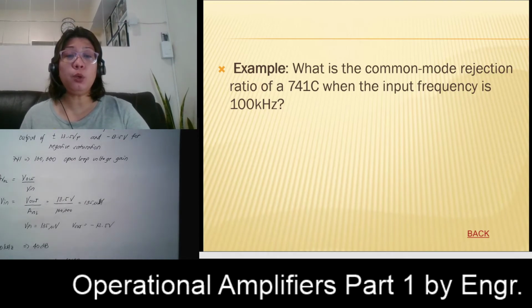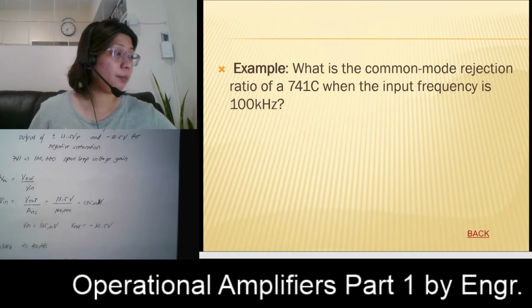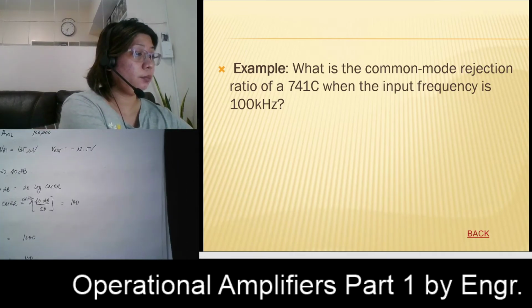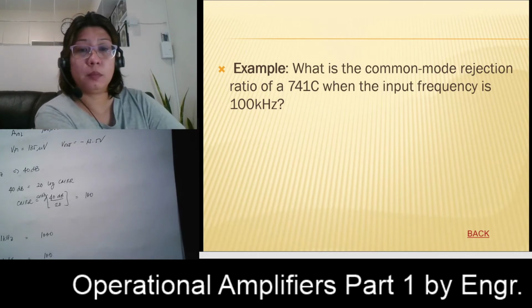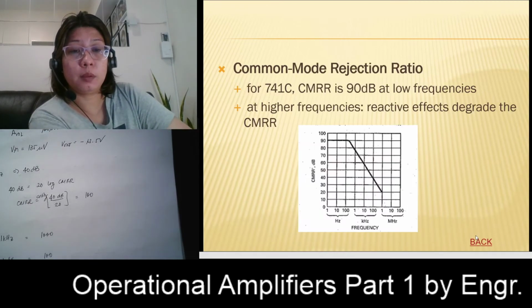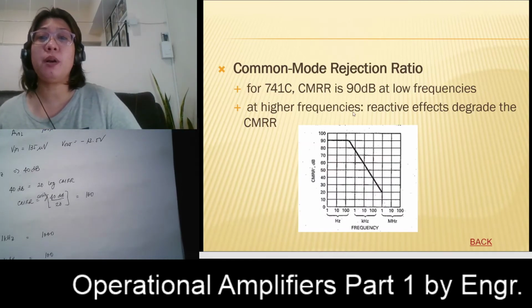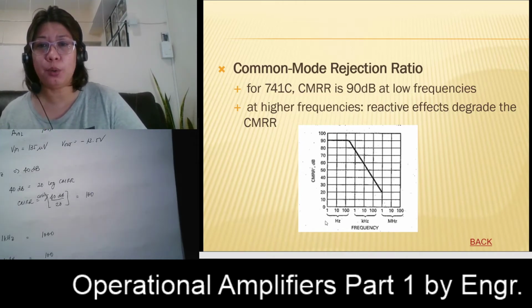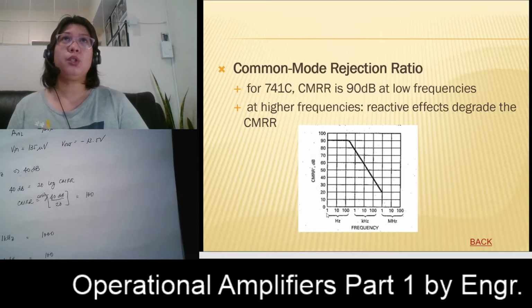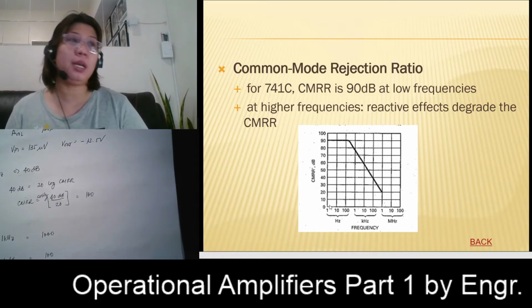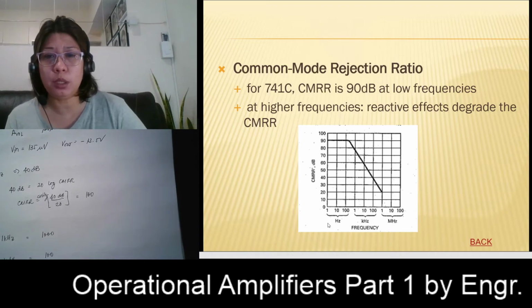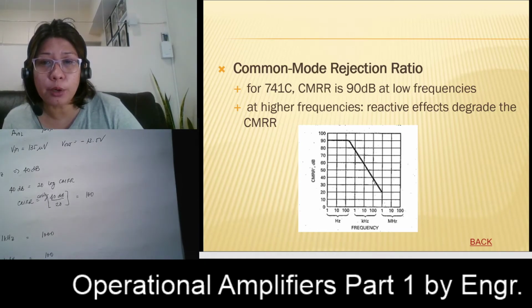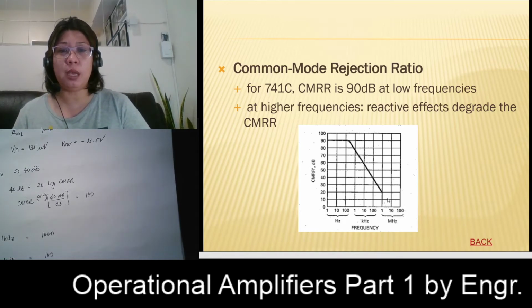If we look back at this figure, this is your CMRR at 90 dB. However, that 90 dB is for 0 or 1 hertz. What is asked in the problem is at 100 kilohertz, so all we have to do is locate the 100 kilohertz here. And as you can see, at 100 kilohertz, our answer is 40 dB.